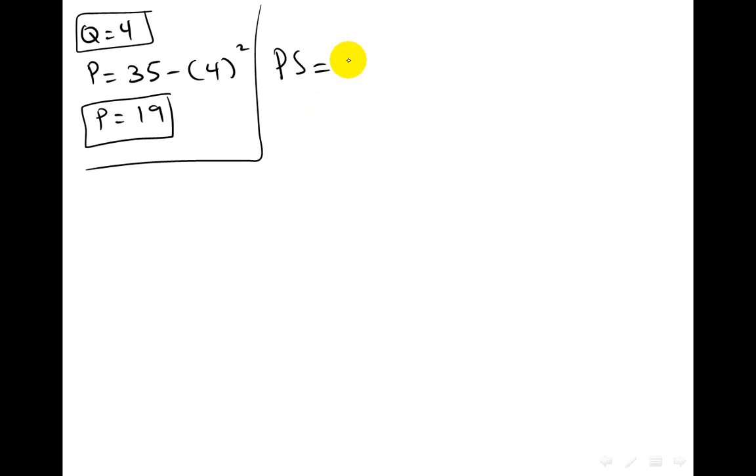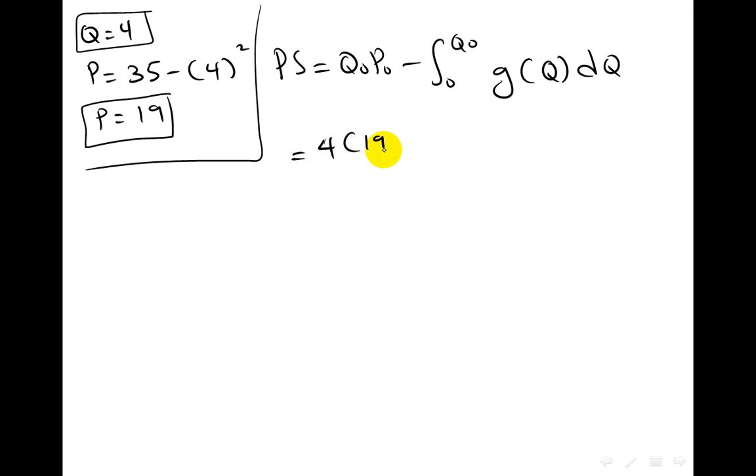PS equals, don't forget, I'm writing the formula one more time to remind you. Okay, so here what's my P and what's my Q? It's 4 and 19, I mean, minus 0 to what? What's my quantity here? Of course it is 4. Using the same quantity, it doesn't matter whether Q sub naught or QS or QD, they're all talking about quantity.